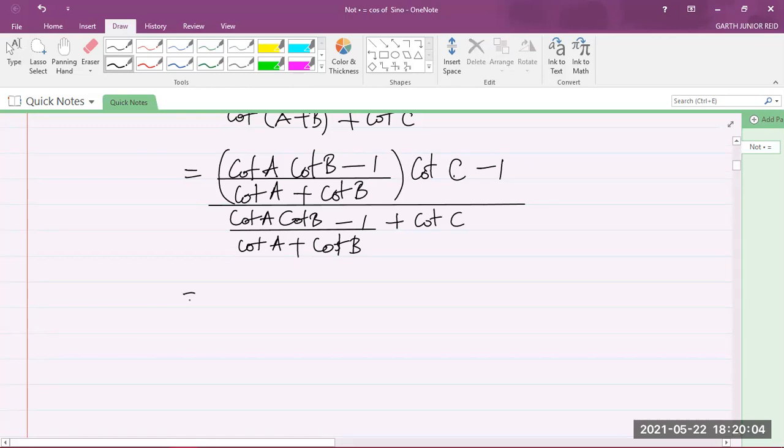Okay, so I will say that this is going to be equal to, I'm now going to multiply the cot C by everything in the numerator.